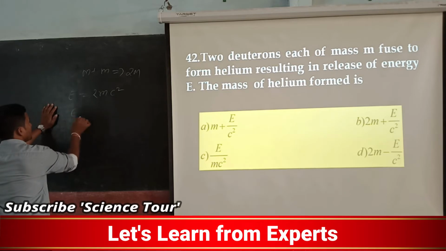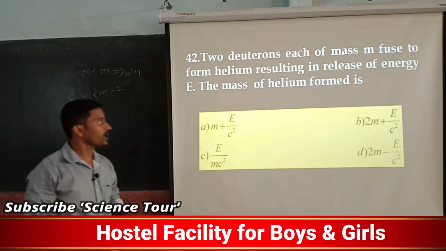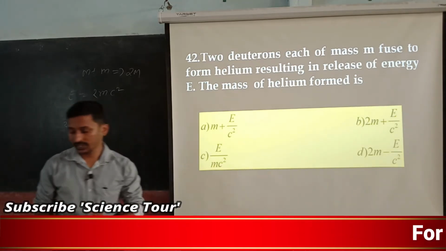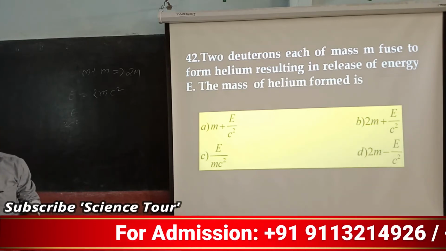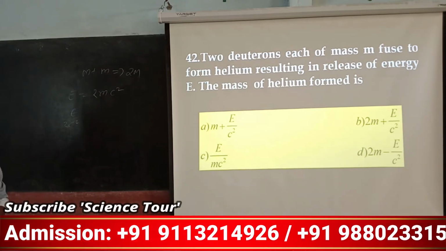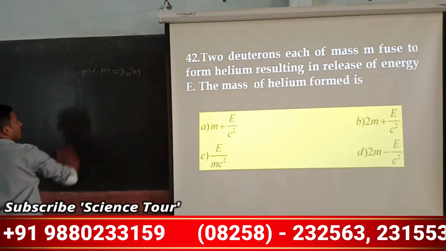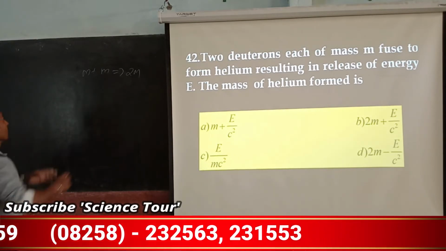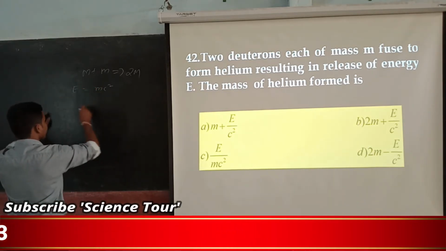So E by c square, isn't it? E by c square, the mass of the helium formed is. How to find out? m is equal to E by c square. Now E is equal to mc square, isn't it?